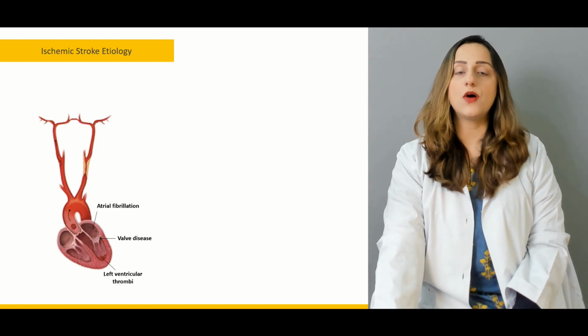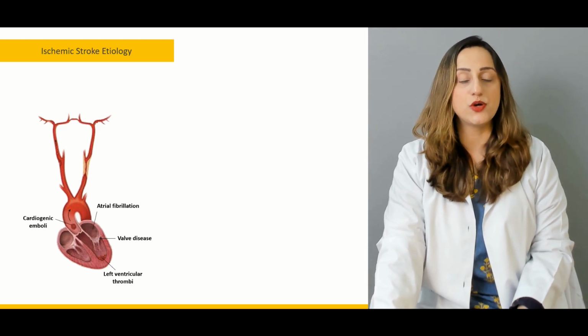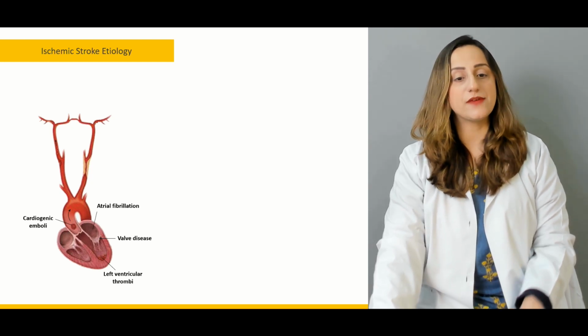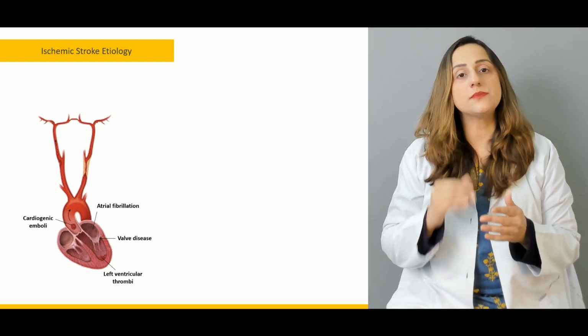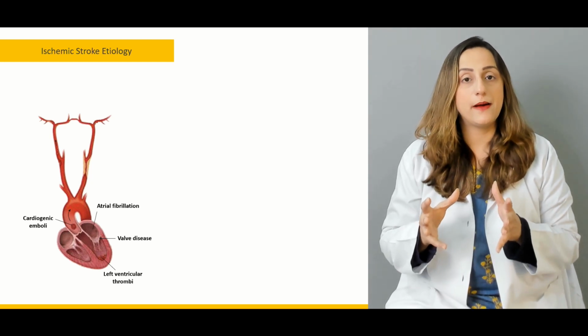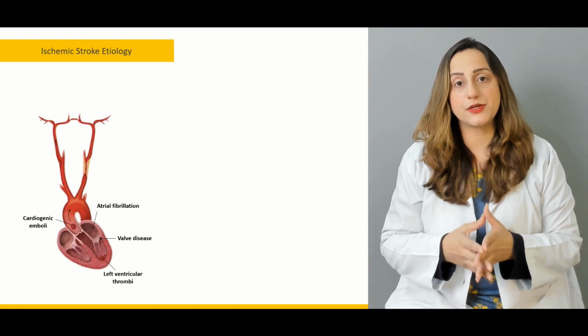And that is one of the most common causes that we usually observe in the clinics. The cardiogenic emboli then travel through the circulation. They enter the carotids, and sometimes, if they are big enough, they are lodged in the carotids. The examination over here plays a role.